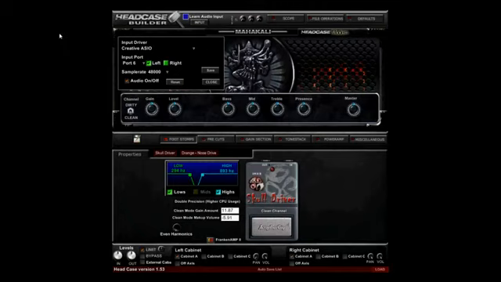So if my volume level is really hot going in, Headcase will minimize it. It will divide by a certain number coming in to make the volume level lower going into the head. If my volume level is really low coming in, then Headcase will multiply, make my level coming into the head larger, or louder, I should say.